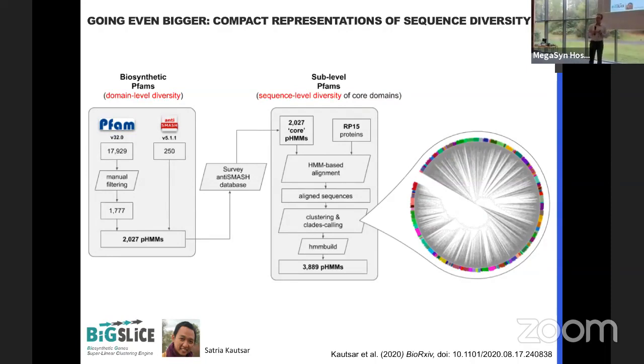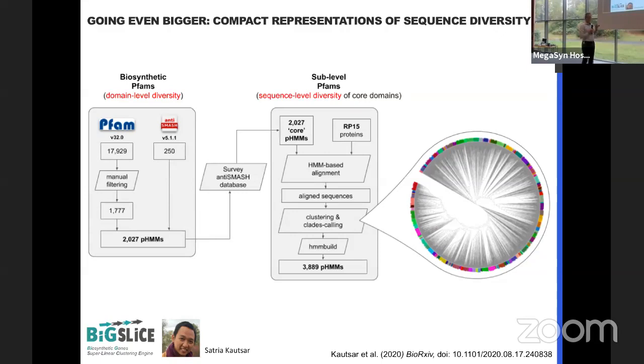So BiG-SCAPE is, through a number of algorithmic innovations, quite fast, and you can really use it to easily analyze a couple of hundreds or thousands or even tens of thousands of genomes. But when you go above 50 or 100,000 gene clusters, you get into computational limitations because of the sequence similarity networking, which involves a lot of pairwise similarity computations.